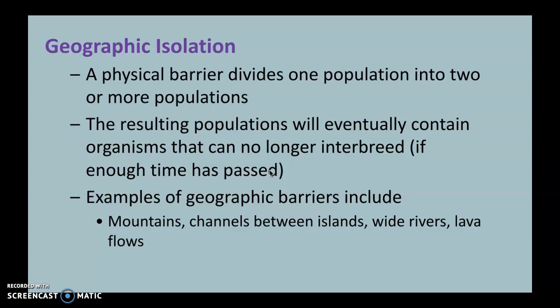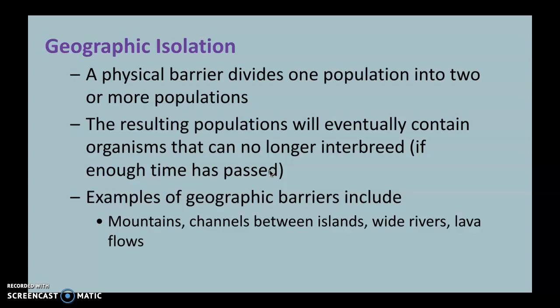So geographic isolation is the first one. If you have a physical barrier that divides two populations, those two populations are going to stop reproducing. The longer and longer and longer they stop reproducing, the more different their DNA is going to start to become because their gene pool has started to adjust to the reproductive change.